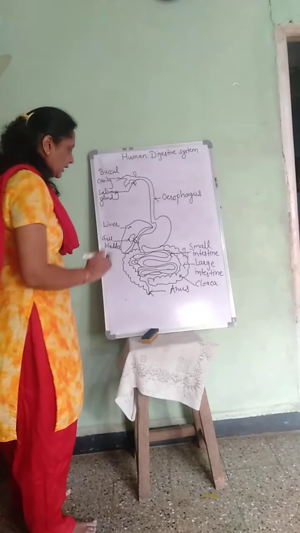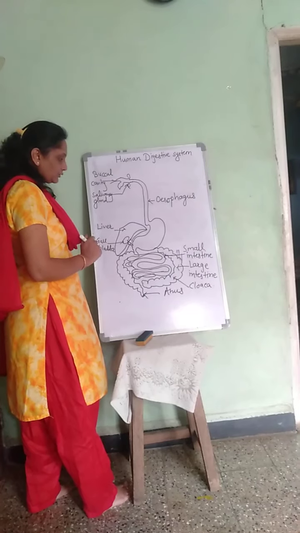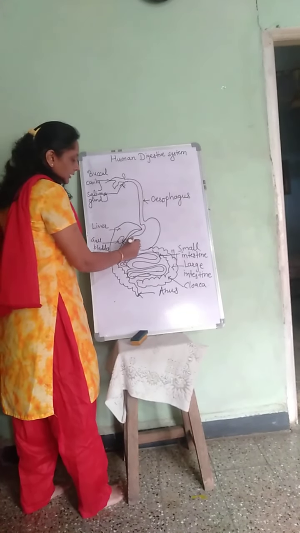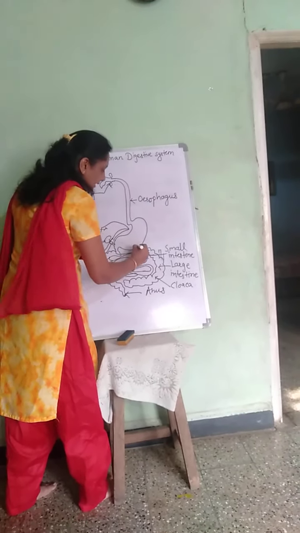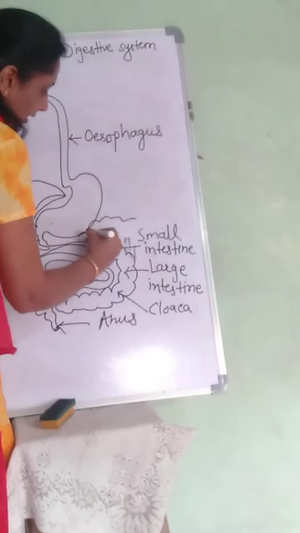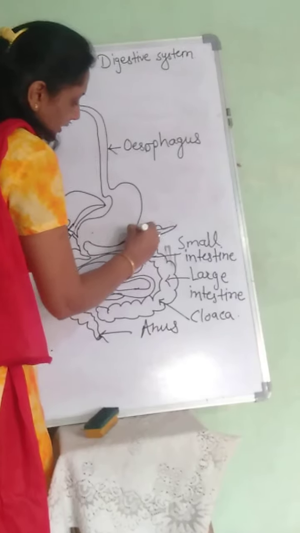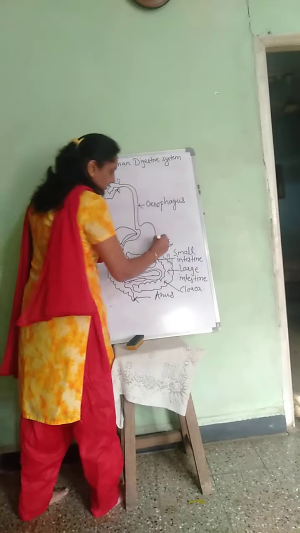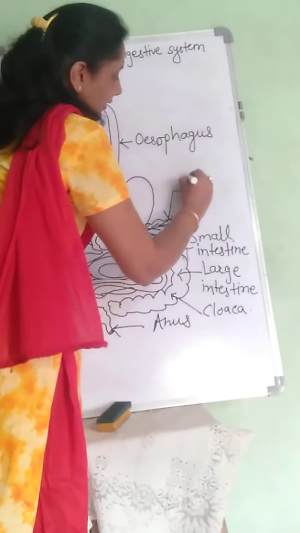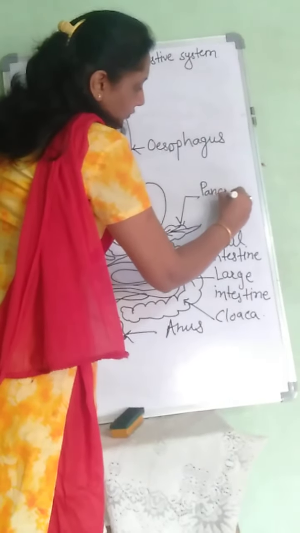And one more gland is associated with the stomach, and that is called the pancreas. The pancreas is present below the stomach, and it secretes the digestive juice.